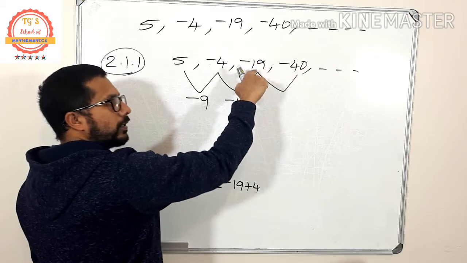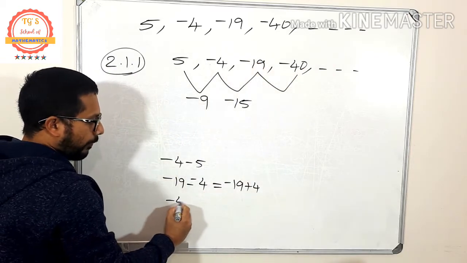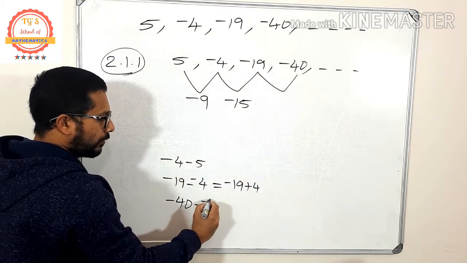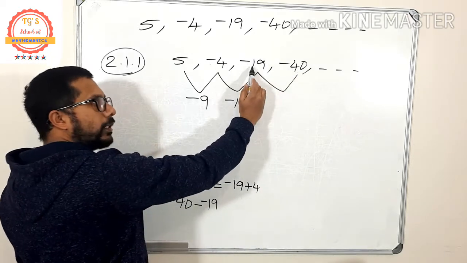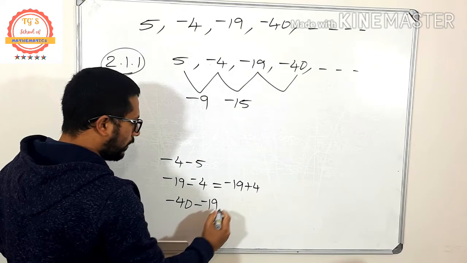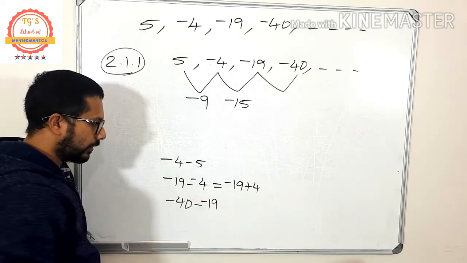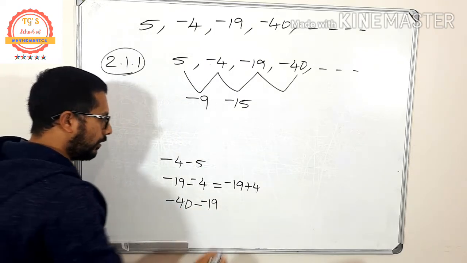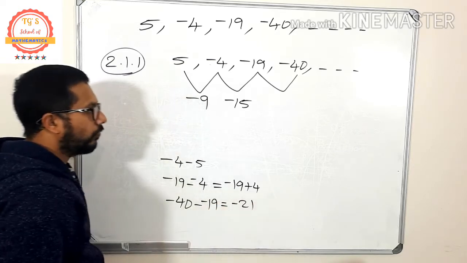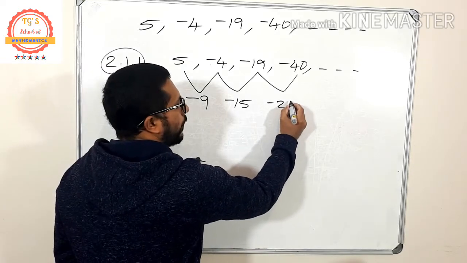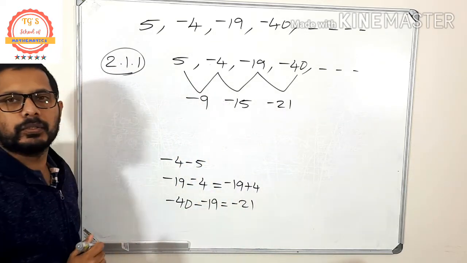This term minus this term: minus 40 minus minus 19. So that is minus 40 plus 19, which is minus 21.